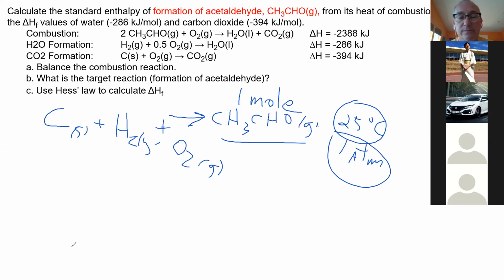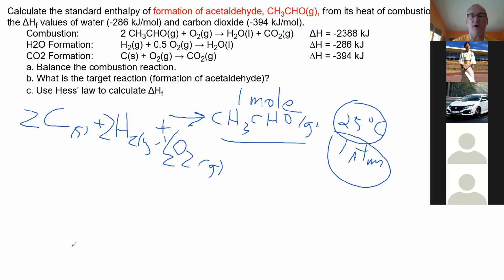How many moles of carbon am I going to need? 2. Yeah, there are 2 moles of carbon there, so I need 2 of them. What about my hydrogen? 2 moles. And what about my oxygen? 1/2.